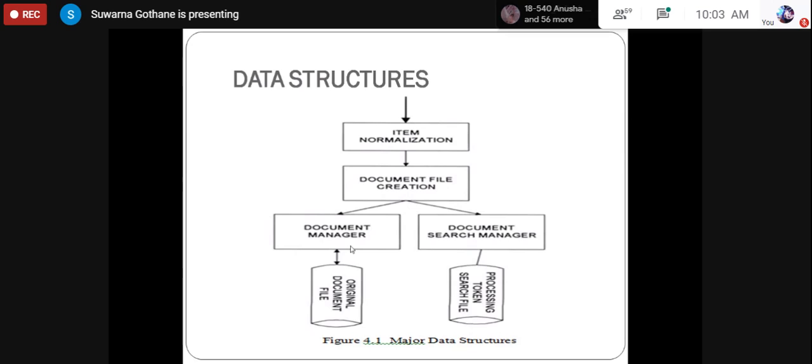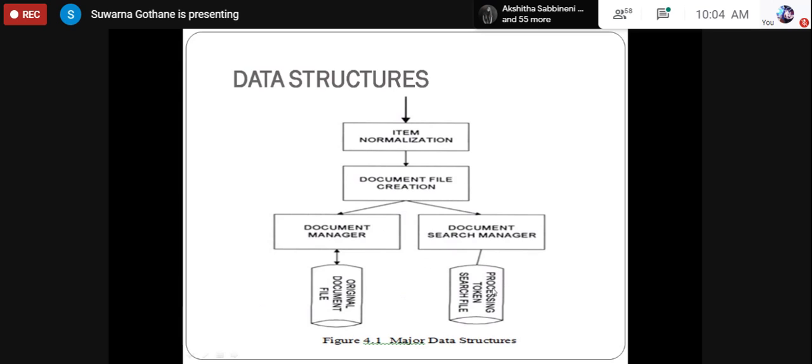And for making that original data available to the browsing end, to the client or the host, it is obtained with the help of the document manager. Whatever the original data is, it is available there.